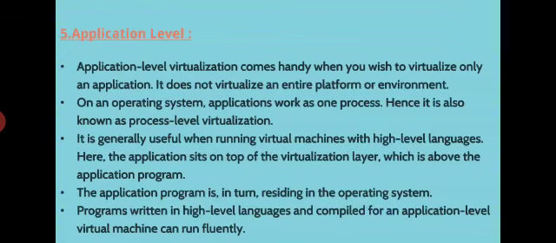The most popular approach is to deploy high level language virtual machines. In this virtualization layer, it sits as an application program on top of the operating system, and the layer exports an abstraction of a virtual machine that can run programs written and compiled to a particular abstract machine definition.